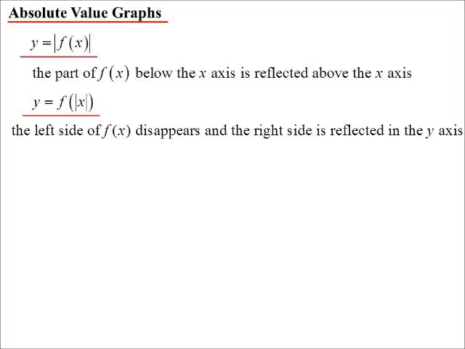So now what it's saying is, I only substitute in positive numbers into the function. Because if I was going to substitute in negative 2, the first thing I'm going to do is find the absolute value of negative 2, and now I'm substituting in positive 2. So this has an interesting thing. The original graph, the left-hand side of the y-axis disappears completely, and then whatever is on the right-hand side reflects over. So it becomes an even function.